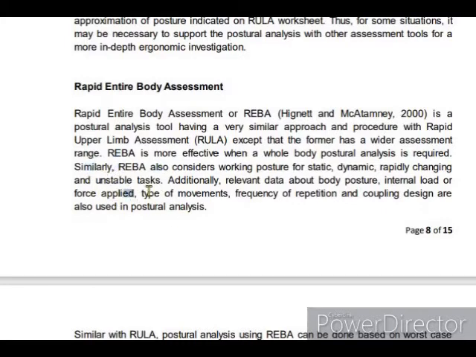So, similarly, REBA also considers working posture for static, dynamic, rapid changing, and unstable task. Okay? So, yung mga applications niya. Additionally, relevant data about body posture, internal load or force applied, type of movements, frequency of repetition, and coupling design are also used in postural analysis. Okay, so yun yung mga i-consider natin sa analysis, guys.